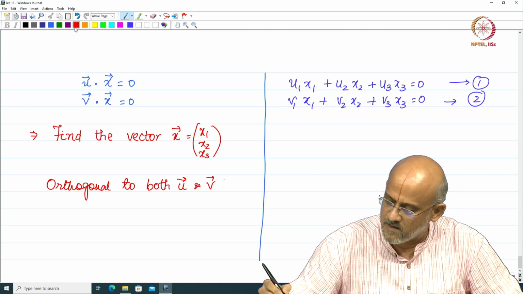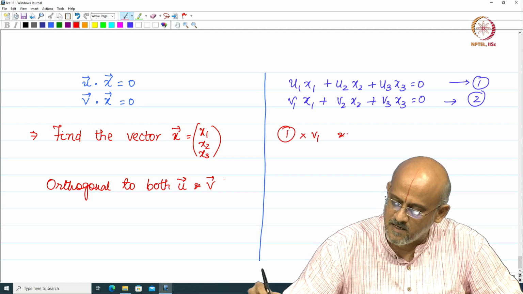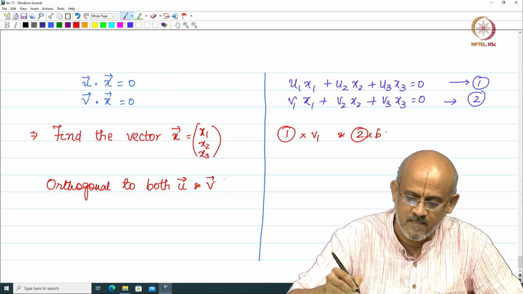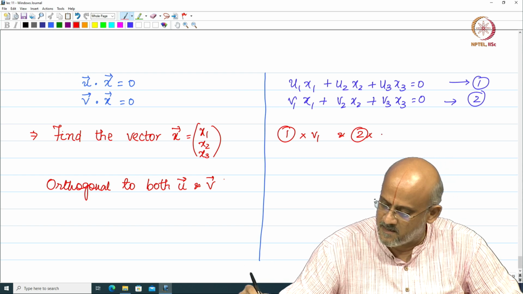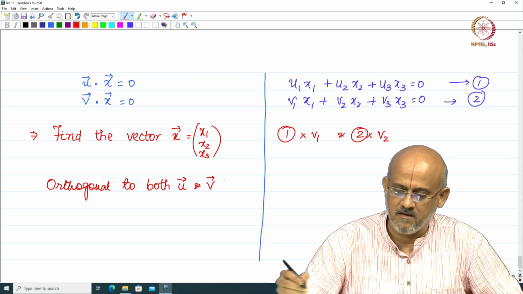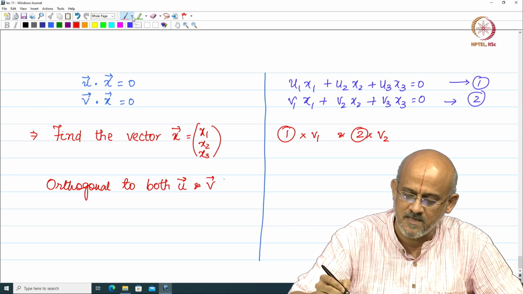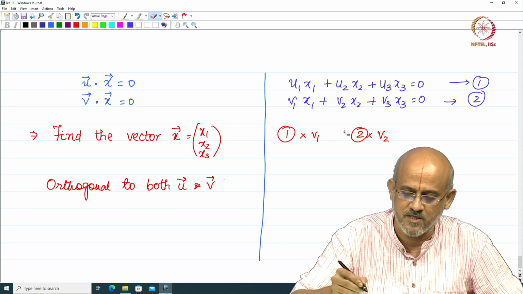I am going to multiply equation 1 by v1 and equation 2 by u1 and subtract the second equation from the first one.